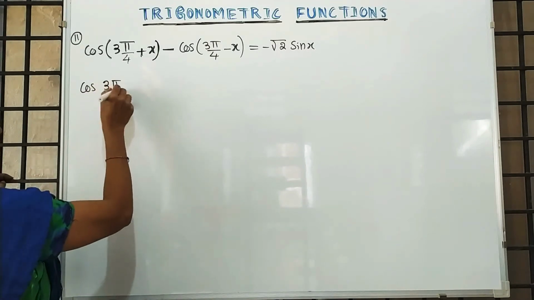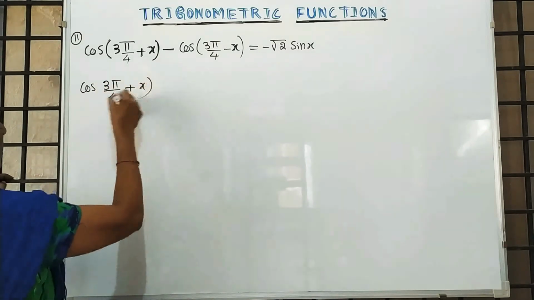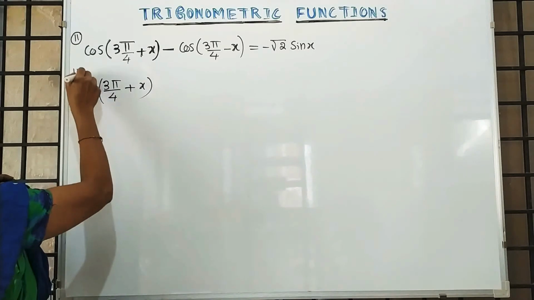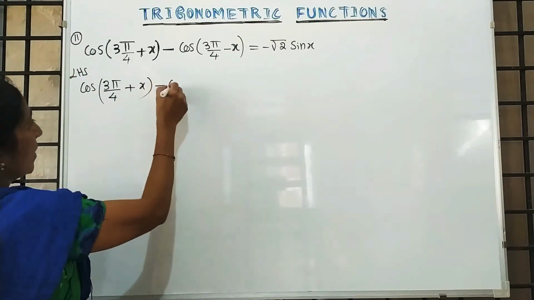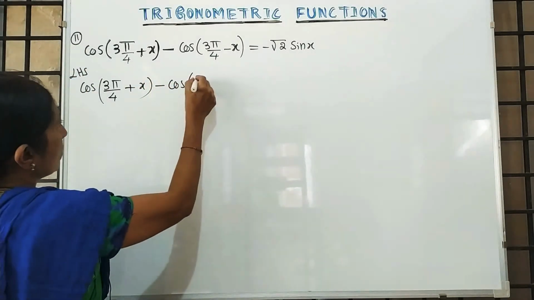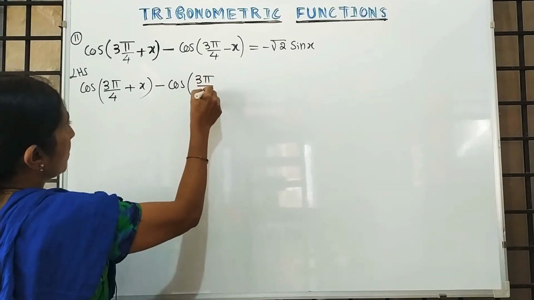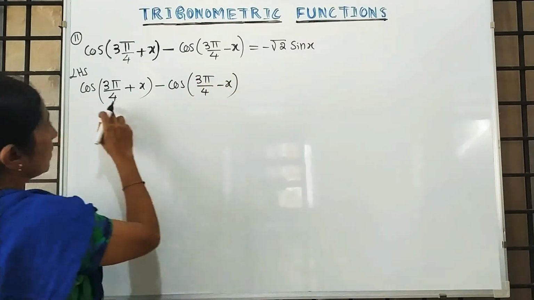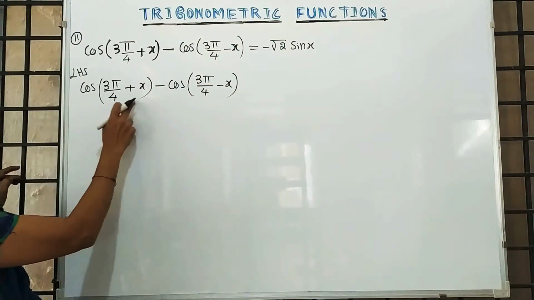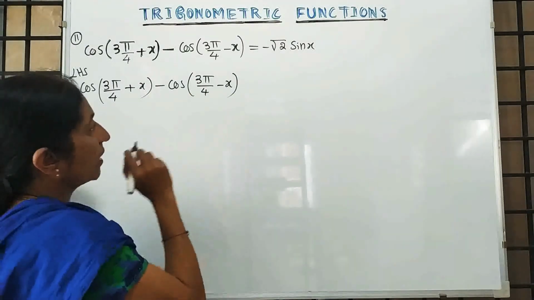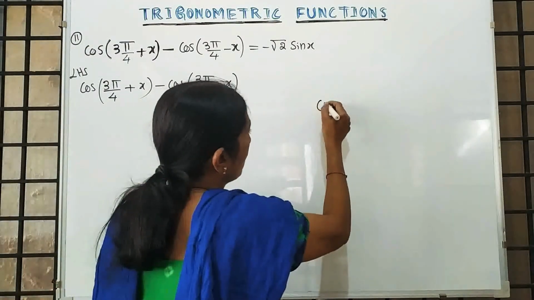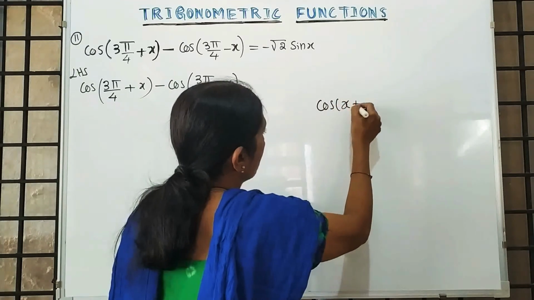cos of 3 pi by 4 plus x, minus cos of 3 pi by 4 minus x. It is in the form of cos of x plus y. This is cos of x minus y. Apply that formula. See, if you have not remembered, see that formula.